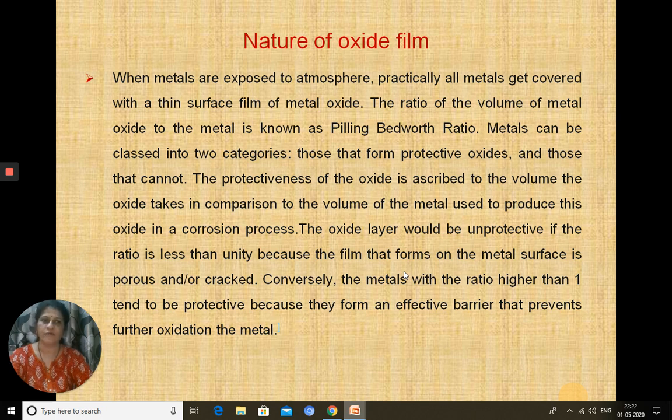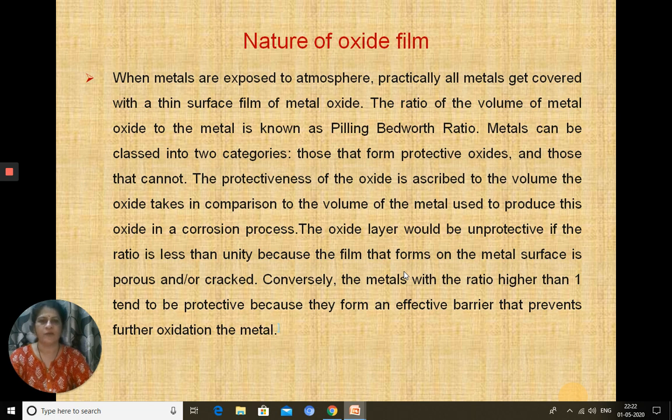The ratio of the volume of metal oxide to the metal is known as Pilling-Bedworth rule. Metals can be classed into two categories, those that form protective oxide and those that cannot. The protectiveness of the oxide is ascribed to the volume the oxide takes in comparison to the volume of metal used to produce this oxide in the corrosion process.